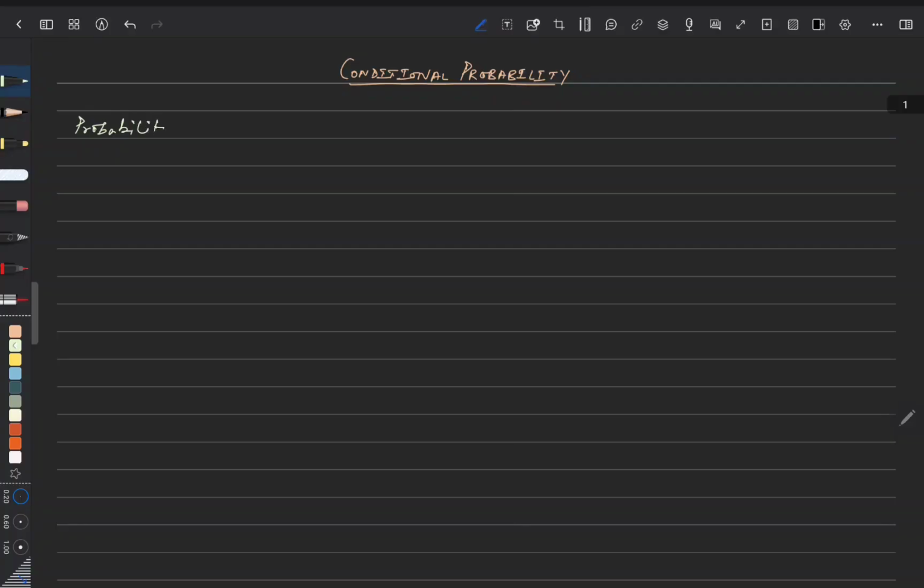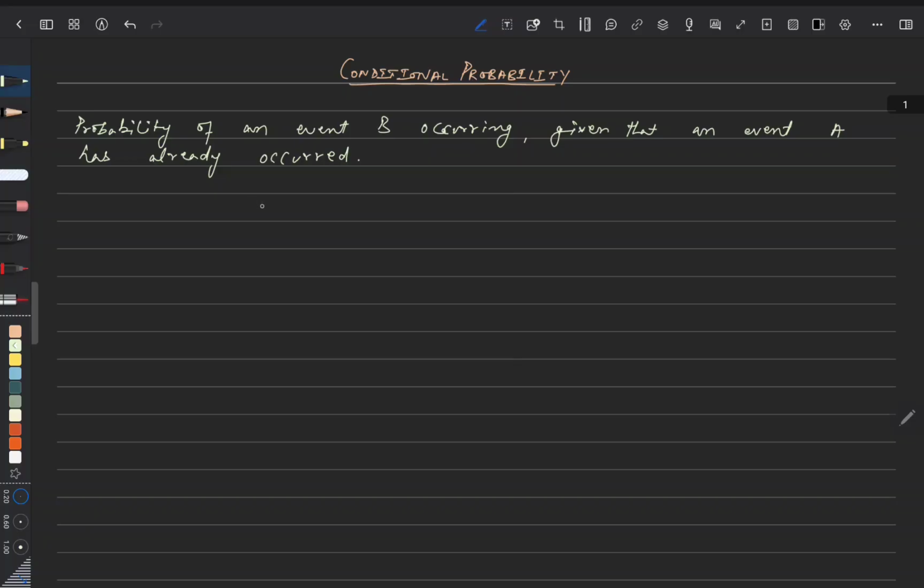Probability of an event B occurring given that an event A has already occurred.